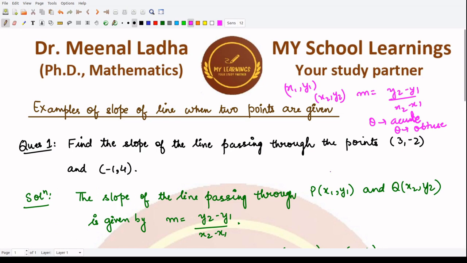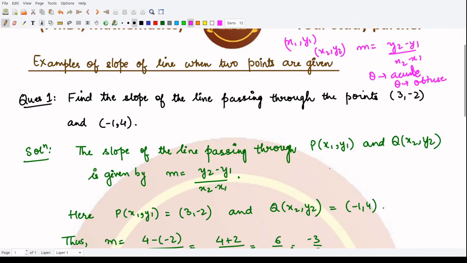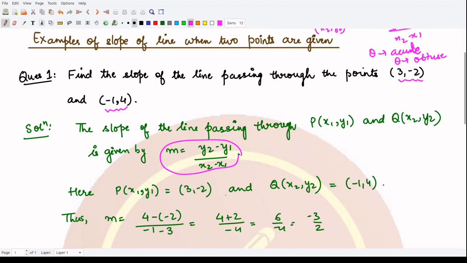So here you can see the first question. The points are given as (3, minus 2) and (minus 1, 4). According to this formula, we can substitute our first point, let's take this to be (3, minus 2), and the second point, let's take this to be (minus 1, 4). So the slope of the line could be written like this.